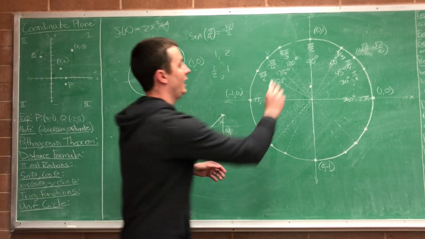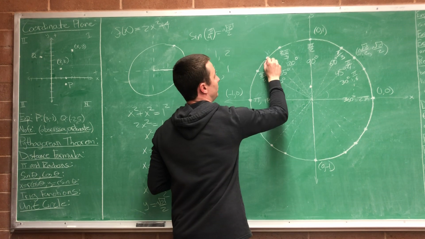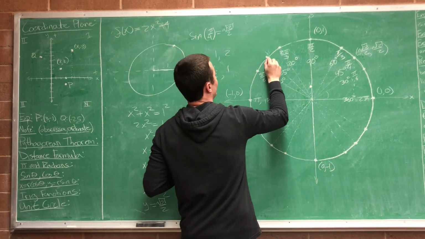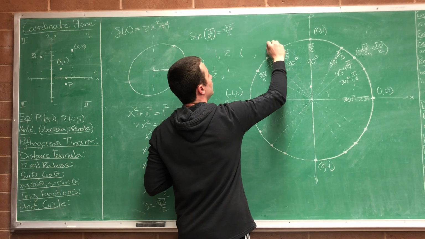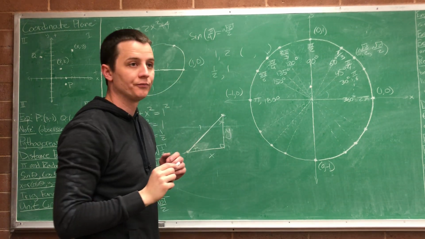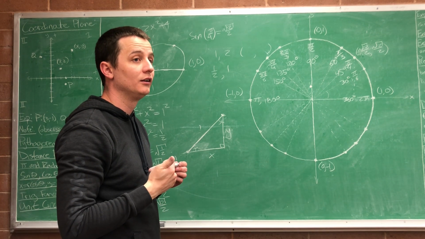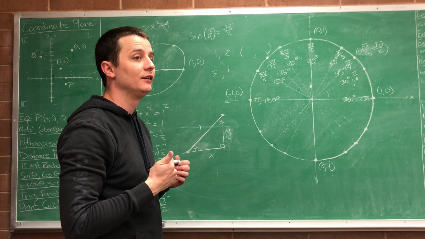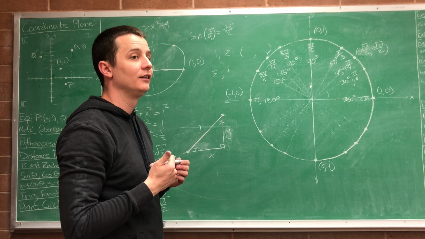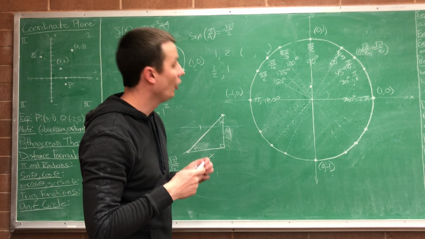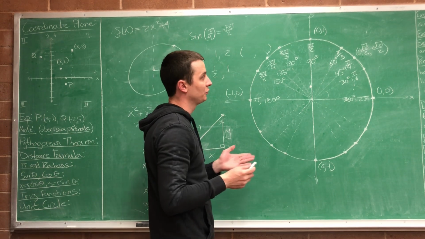Okay, so now let's jump ahead and look at this point right here. What are the coordinates of this point? Almost. First off, you meant square root of 2 over 2, right?